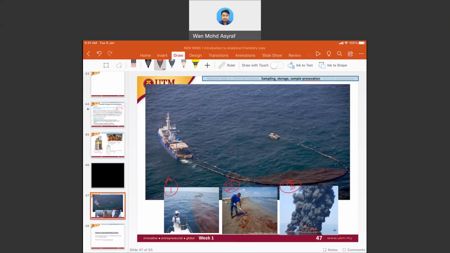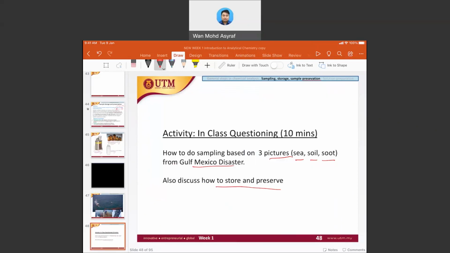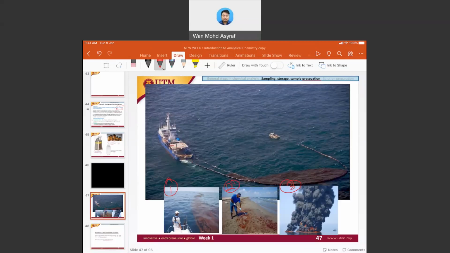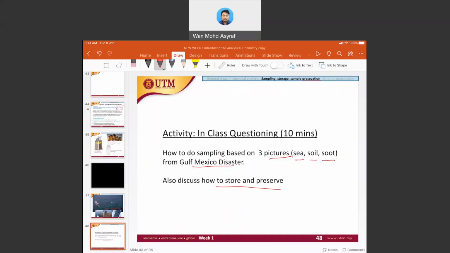Just jot down on whatever piece of paper you have how you are going to sample these three pictures: the sea sample, the soot sample, as well as the soil sample. And then how would you store and preserve it?